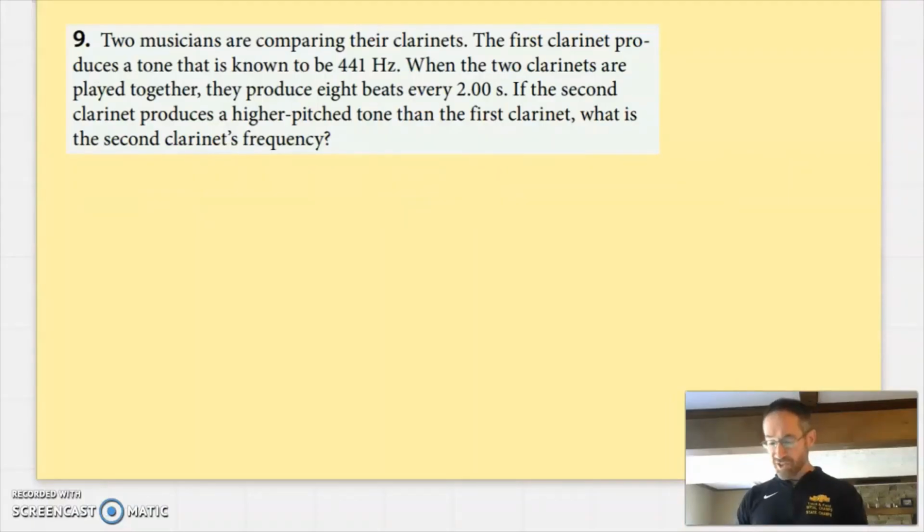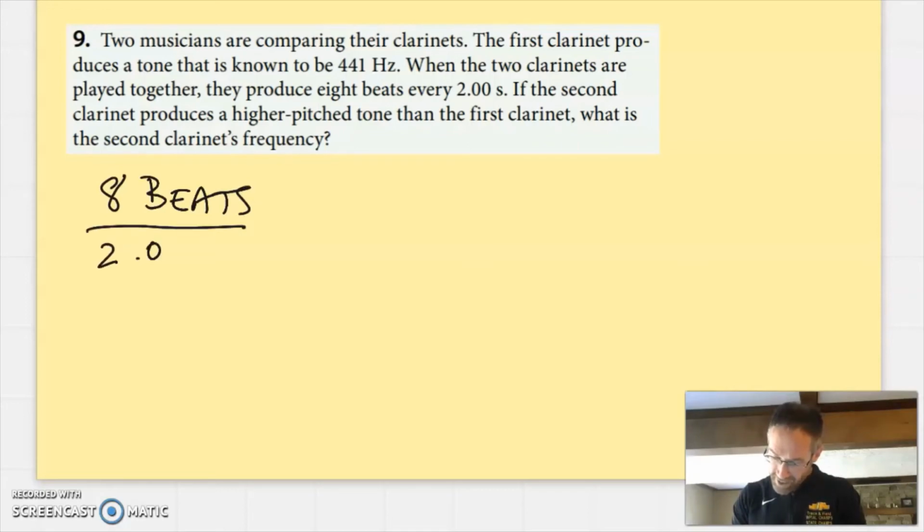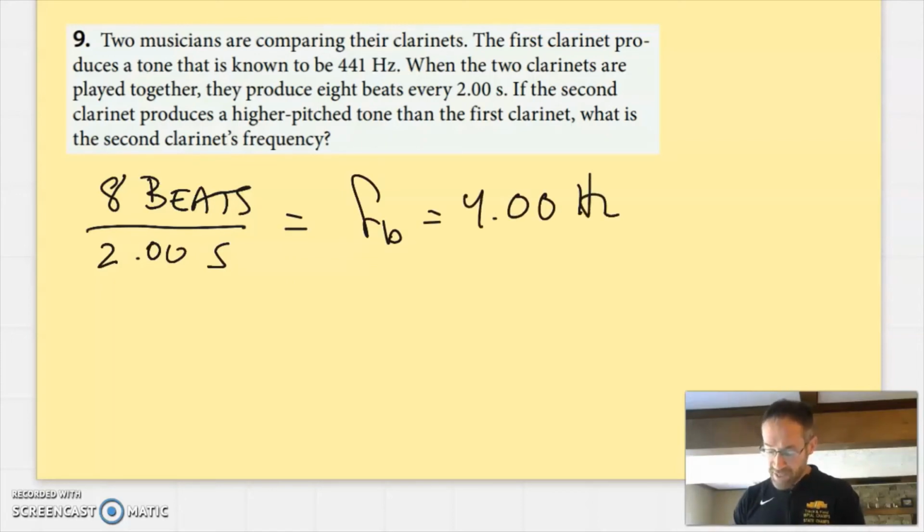It says 2 musicians are comparing their clarinets. First clarinet produces a tone that is known to be 441. When the 2 clarinets are played together, they produce 8 beats every 2 seconds. So 8 beats every 2 seconds, that's giving me a beat frequency of 4 hertz, 4 beats per second.